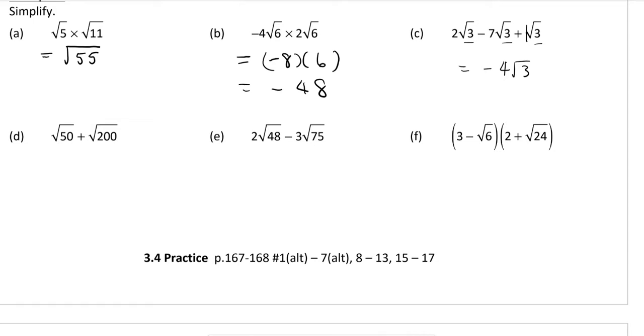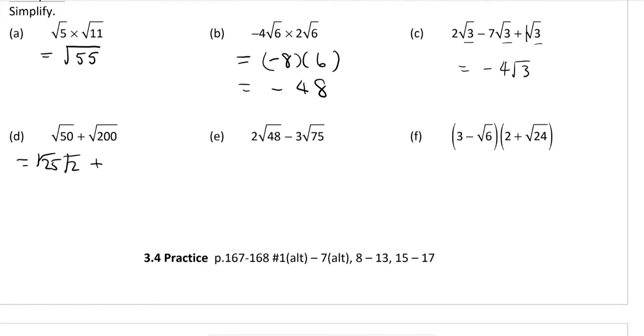So why don't we take this square root of 50, because we can actually turn that into a mixed radical, right? Because we know that 50 is 25 times 2. So I'm going to write that right now. So this is square root of 25 times square root of 2, for that 50.